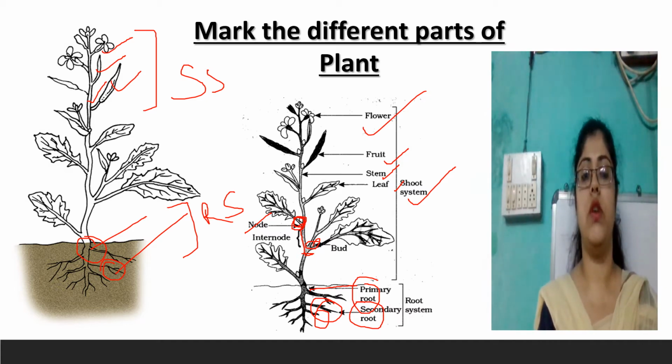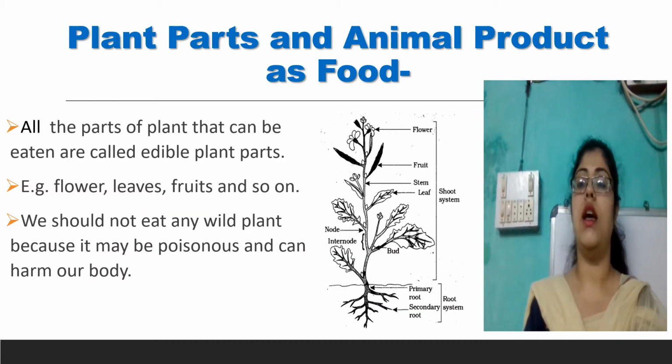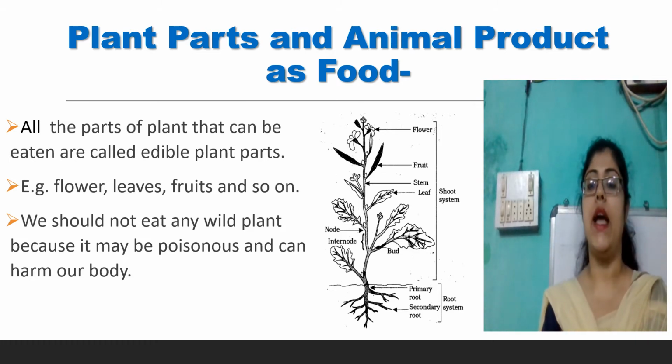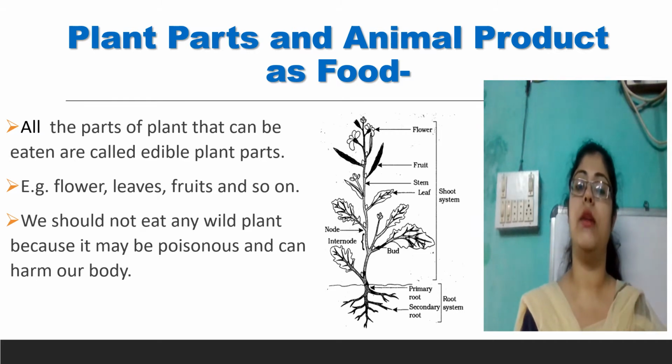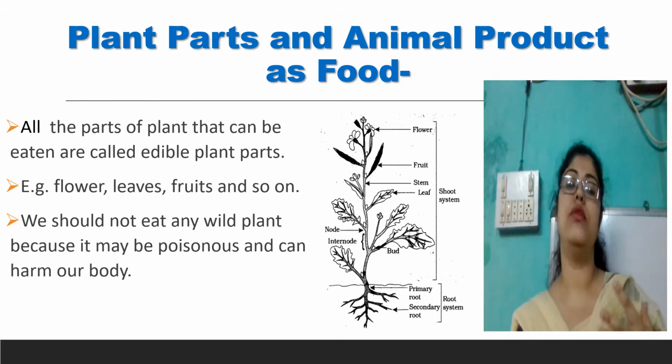Now let's move forward. Today our first topic is plant parts and animal products as food. As you can see, flowers are a plant part that we can use as a food item.